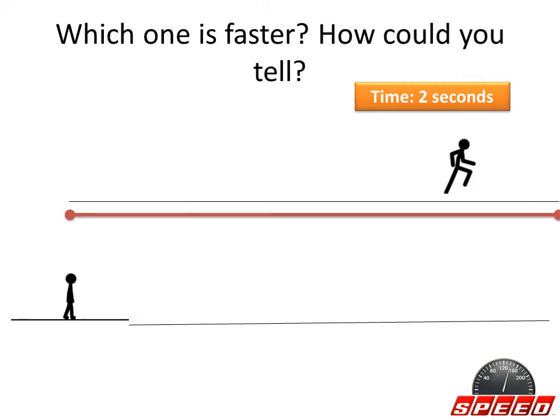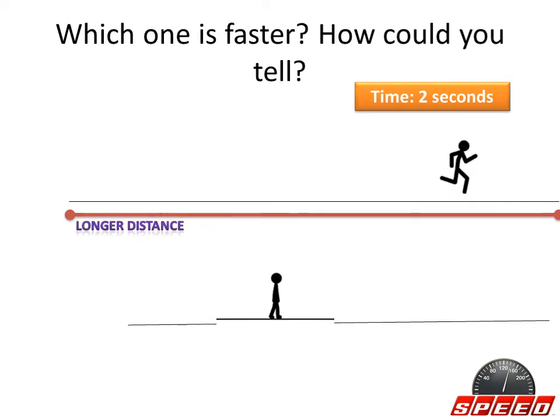Within 2 seconds, he covered a certain distance. The second runner, a walker, he covered a shorter distance. Both of them were running or walking within 2 seconds, but the man running could run a longer distance, while the man walking only covered a very short distance.